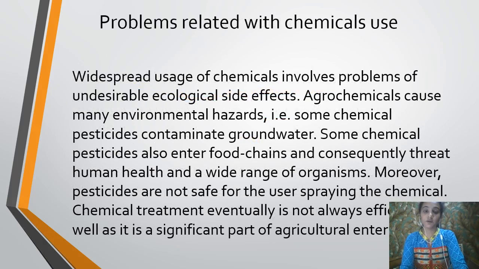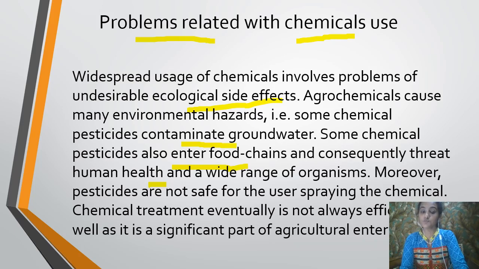So I have given here the different problems that we have to face if we are using the chemical method continuously. Even though the production will be more, there are lots of ecological side effects. The chemicals can contaminate the groundwater, they can enter the food chain and become a threat to human life, and they affect a large number of organisms.